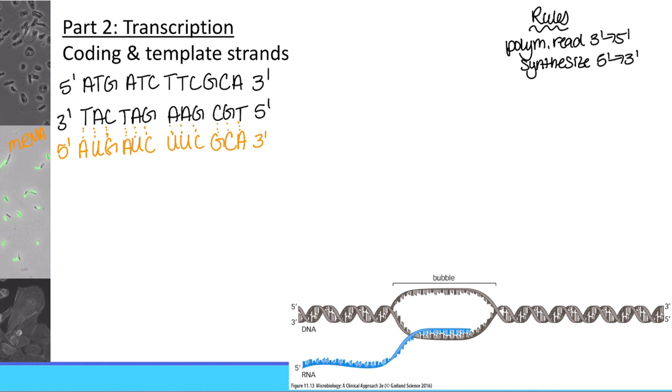So now we can actually start to give these things some names. This bottom DNA strand right here, this is the one that we read. Anytime we have a strand that is read by the RNA polymerase, we call this the template strand.